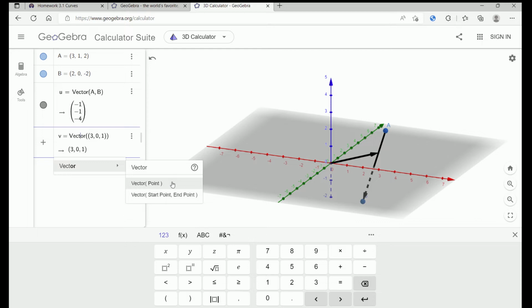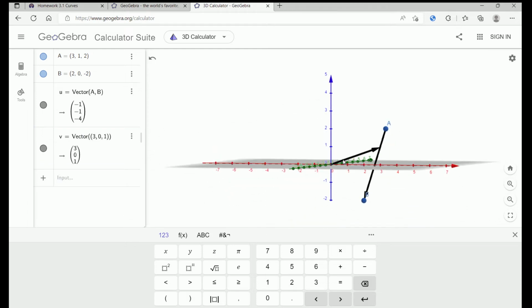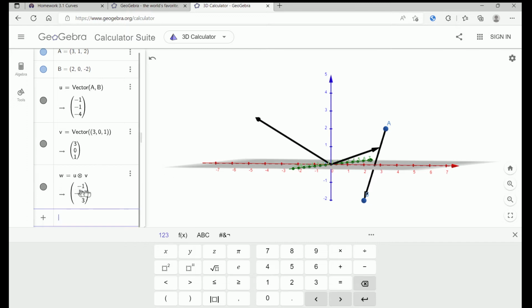Vector. Right, so that's just another vector. So I've got a couple of vectors. If I need the cross product, for example, or the dot product, I can say cross. And those vectors have names, U and V. So I can get a vector that way.